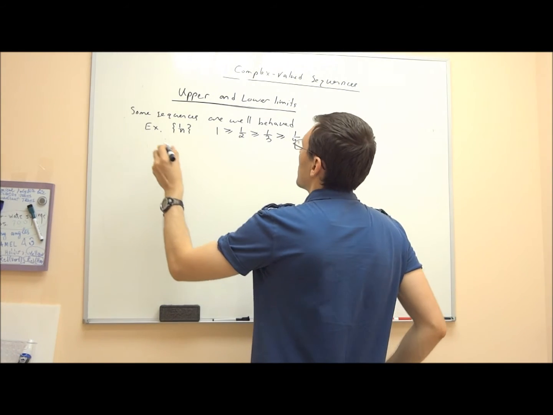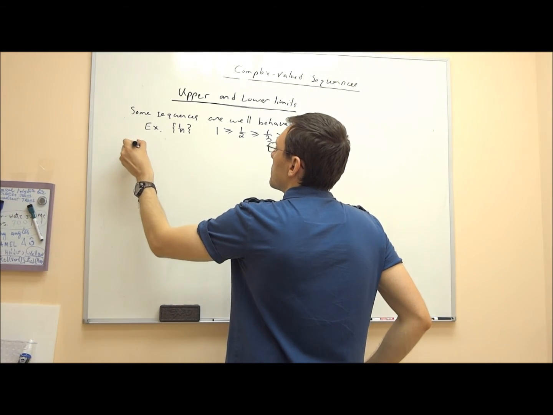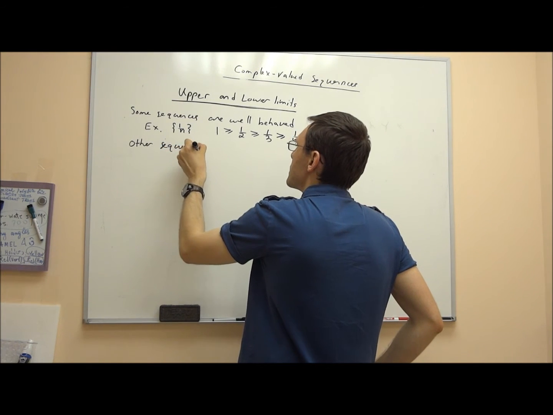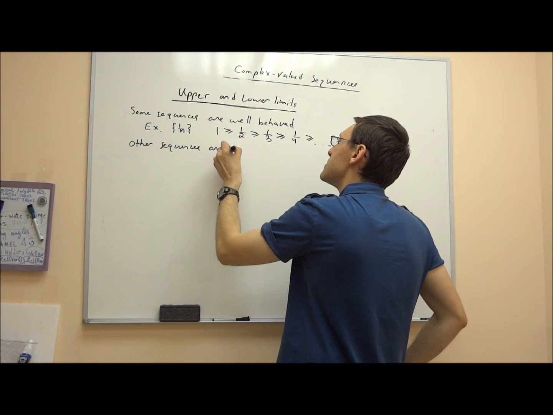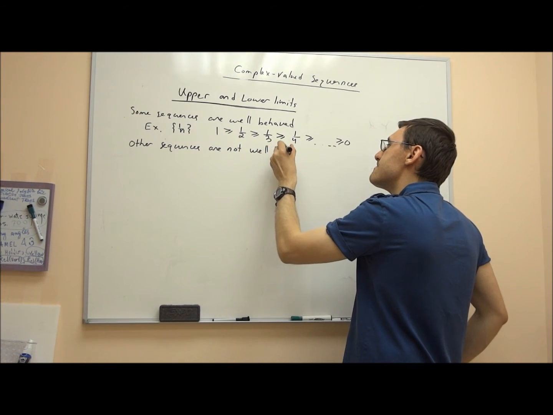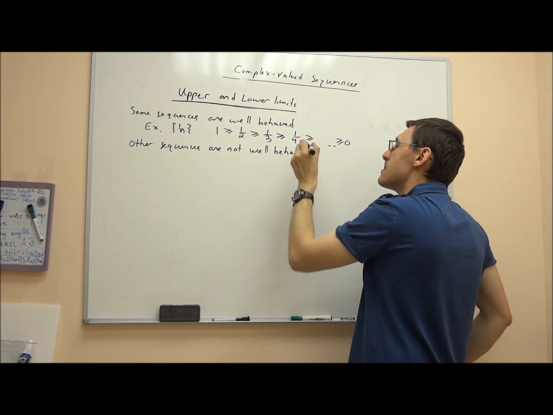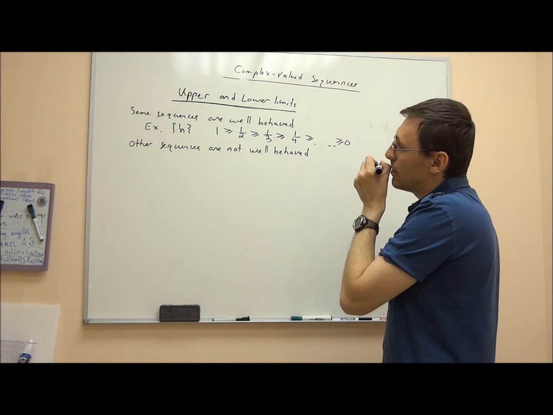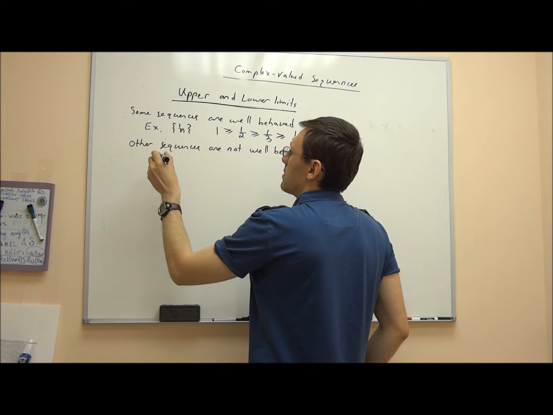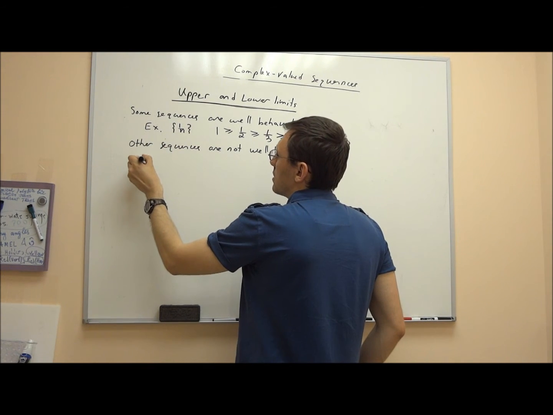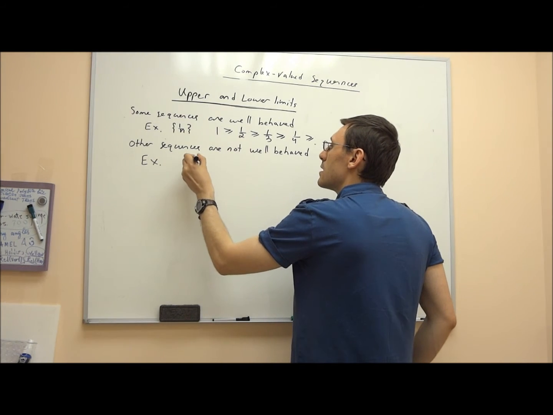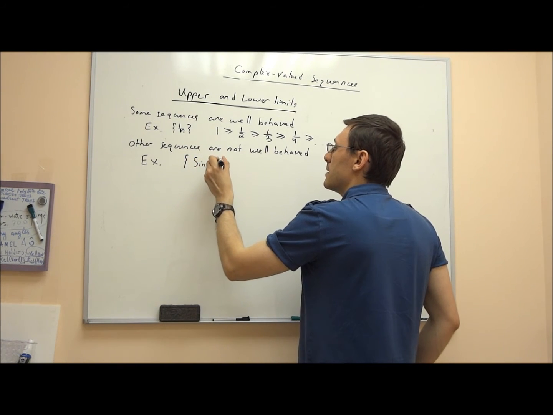Other sequences are not well-behaved. So you can take plenty of examples of non-convergent sequences. A terrible type of sequence might be a sequence of the form sine n.